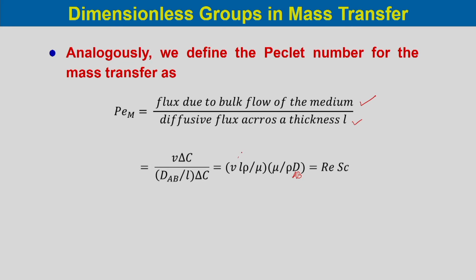So this is the Reynolds number and this is the Schmidt number. So the Peclet number can be defined in terms of two dimensionless numbers, the Reynolds number and the Schmidt number.